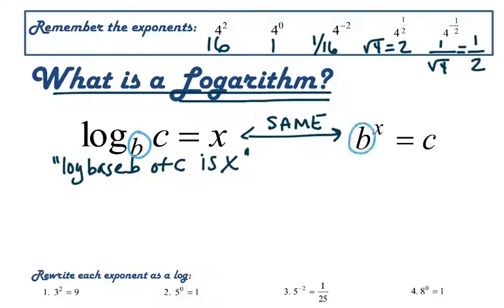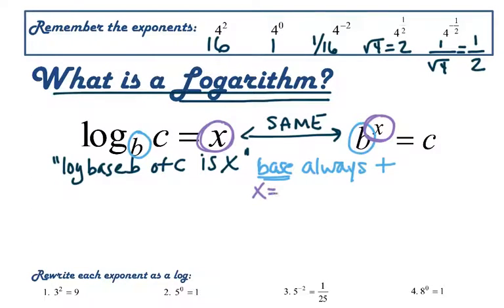So here on both things we have a base, and the base is always positive. Then we have our x, which is our exponent, and the exponent can be positive, negative, 0, fraction.